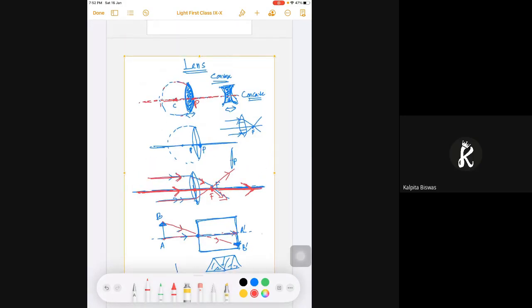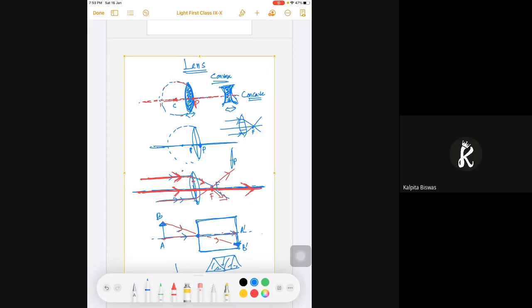Another point we have seen is the light that is parallel. I am putting a light ray parallel to this axis, and if this light falls on that lens, this convex lens we are considering here, it passes from air, the rarer medium, into glass, the denser medium.